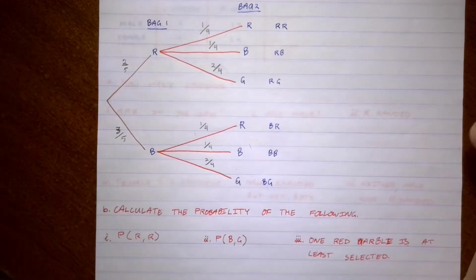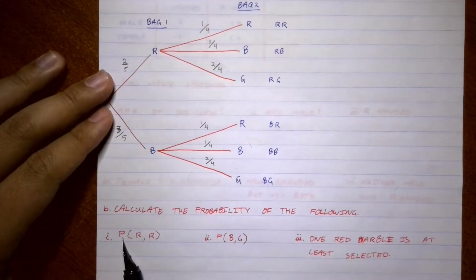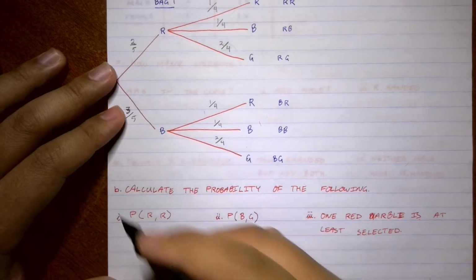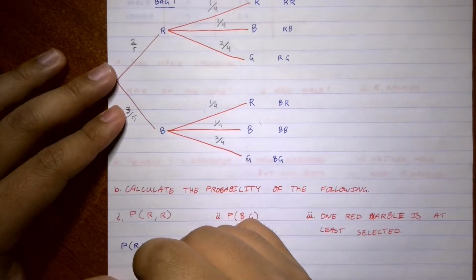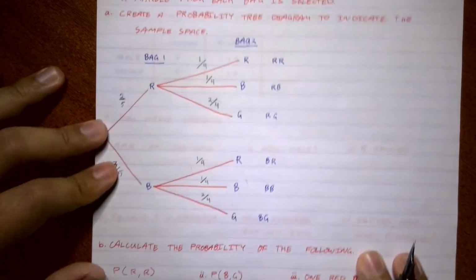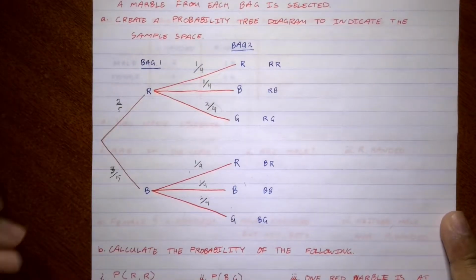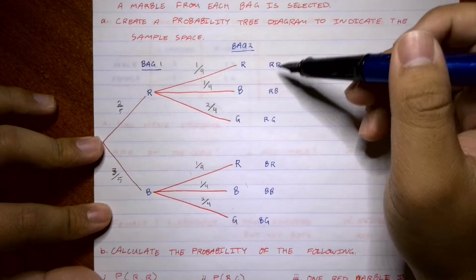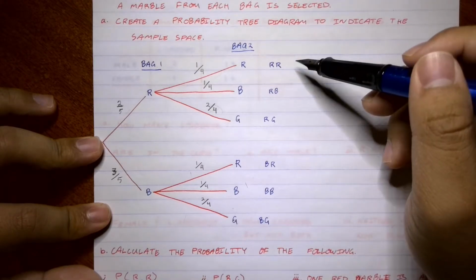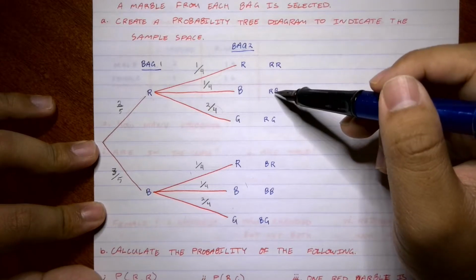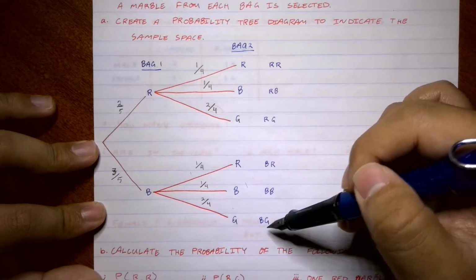Now let's calculate the probability of the following. Probability of red and then red. Here's where it differs once again from regular tree diagrams. Normally we'd think of this as 6 possible outcomes: 1, 2, 3, 4, 5, and 6.